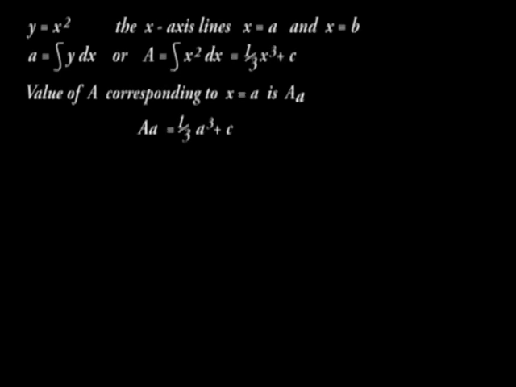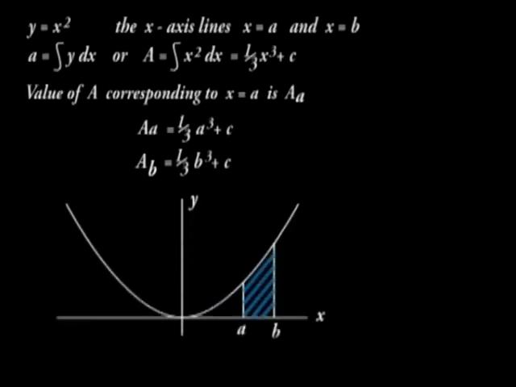Similarly, area B includes the whole area under the curve from x is equal to negative infinity up to and including x is equal to b, written as area B equal to a third b cubed plus c. This is illustrated in the figure below.